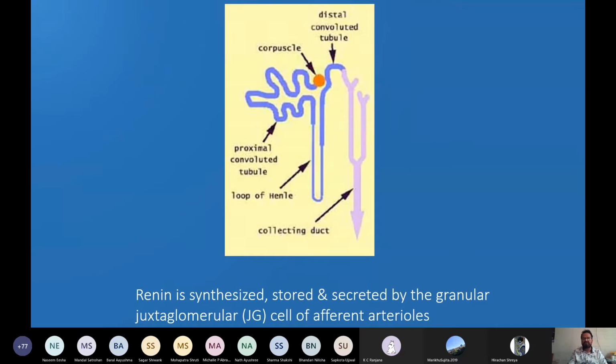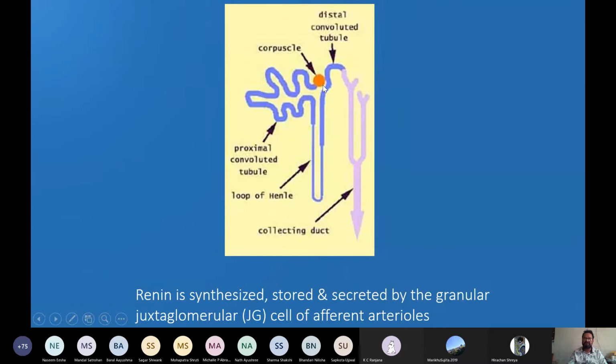I hope you have heard about the juxtaglomerular apparatus. Juxtaglomerular apparatus is this junction here. If you see my cursor over there, I am showing you the point. This corpuscle is the red Bowman's capsule, and then from there you are seeing the proximal convoluted tubule, loop of Henle, and then just before ending this nephron in the collecting duct, it will slightly touch its own corpuscle.